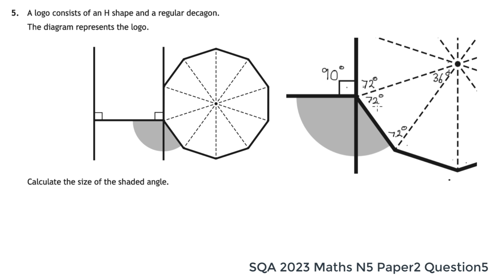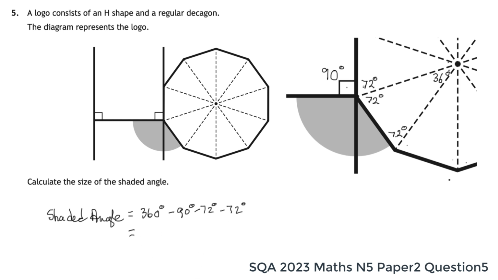So I think we're virtually there, because to find the shaded angle, we take this 360 and take away the 90 and the 72 and the 72, and we'll see what's left. So let's just tackle that. Shaded angle would be 360 degrees minus, take away the 90, take away the 72, and take away the 72.